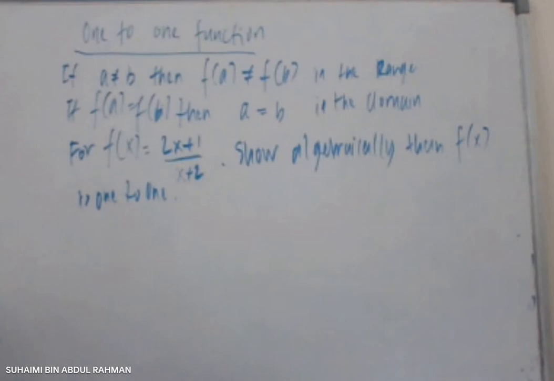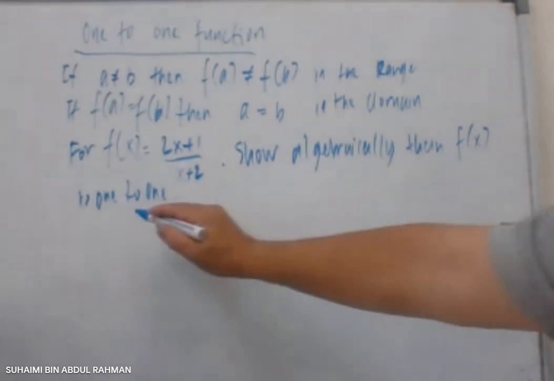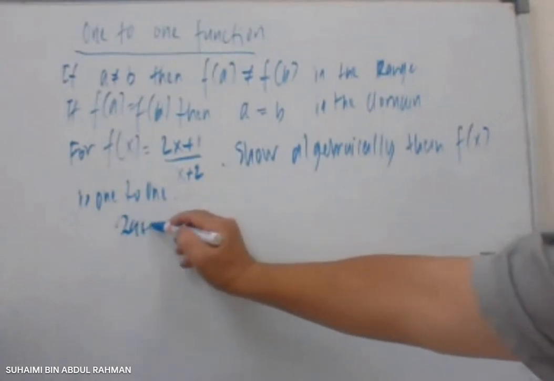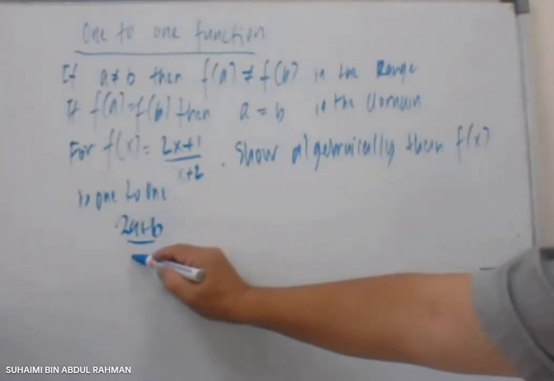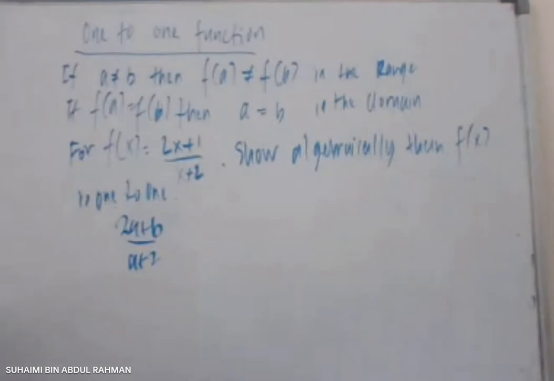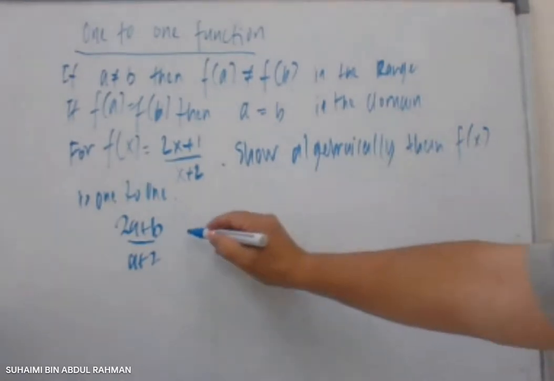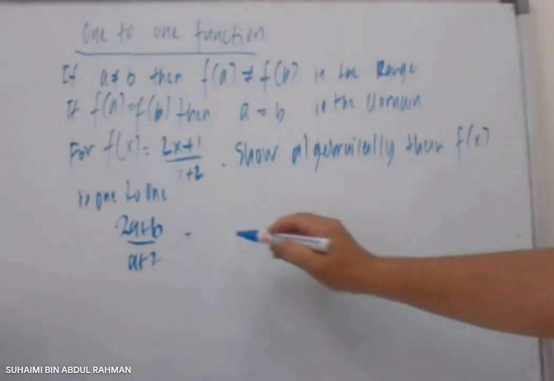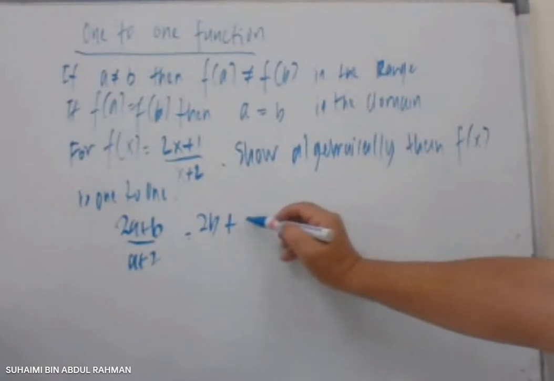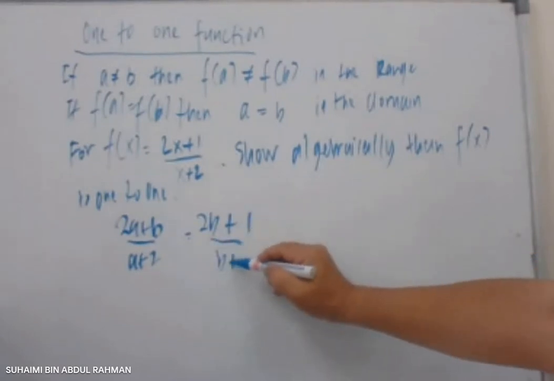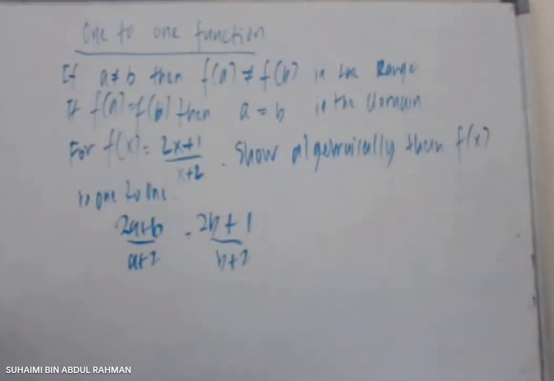So let's say we have (A plus 1) over (A plus 2), and we want to show that it equals (B plus 1) over (B plus 2).